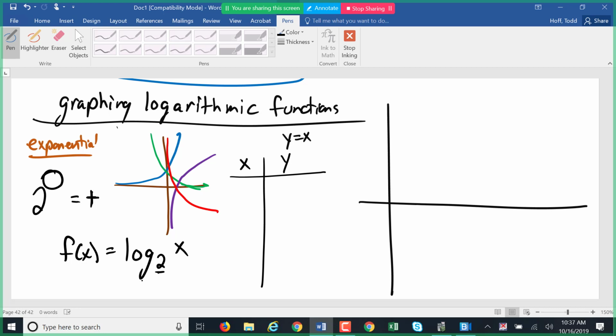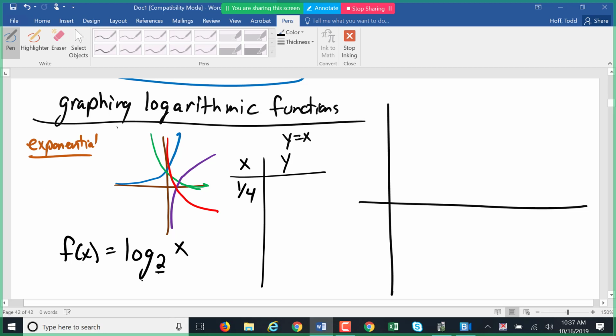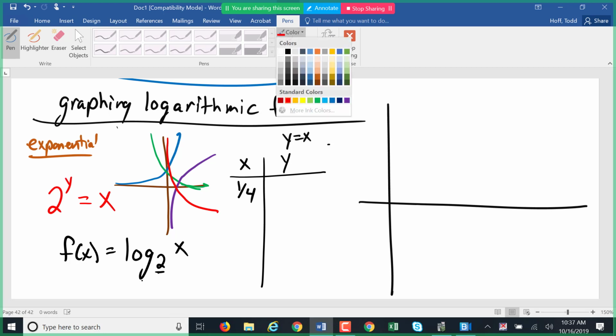So I'm going to start out with x being 1/4. So now remember what this is asking. I'm going to redo my equation here. What this is asking is 2 to the power of y equals x. So 2 to what power equals 1/4?